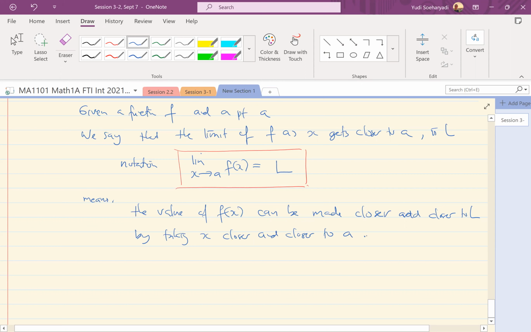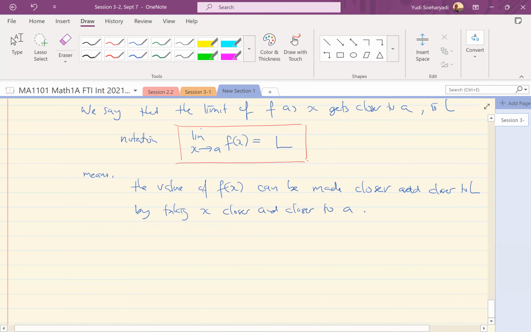Okay. So that means as x approaches a, the value of f gets close to L as x gets close to a. Right. So this kind of computation is actually a process.